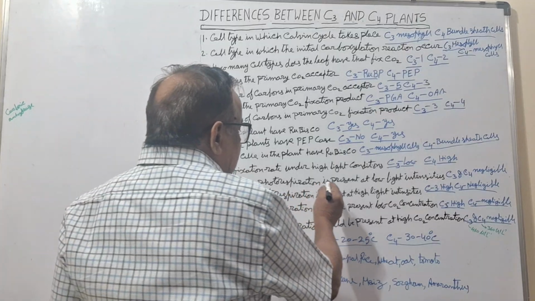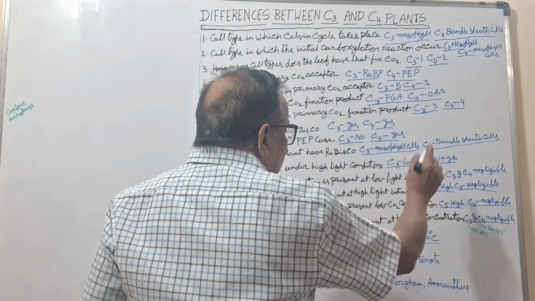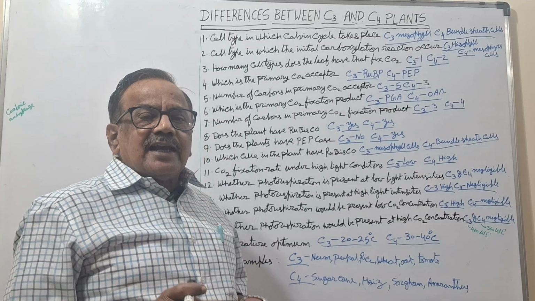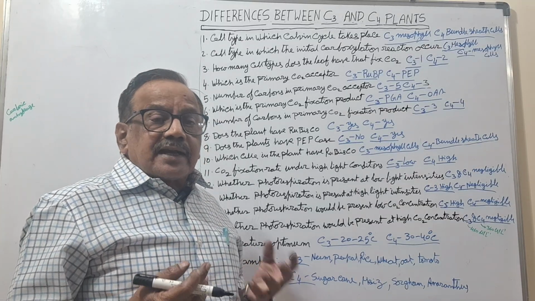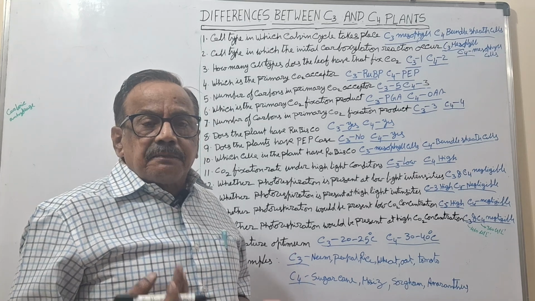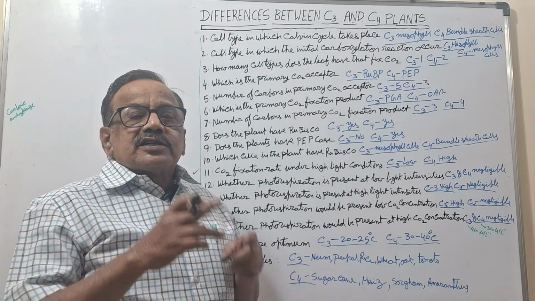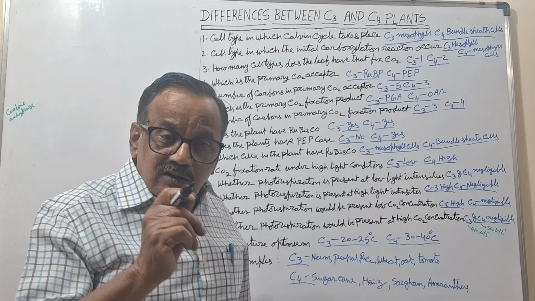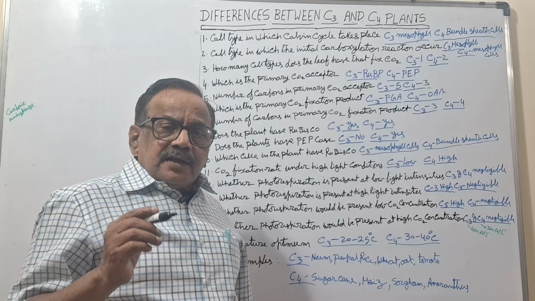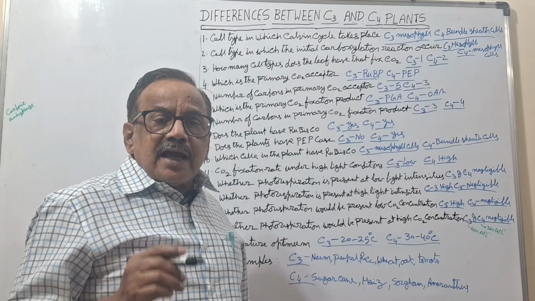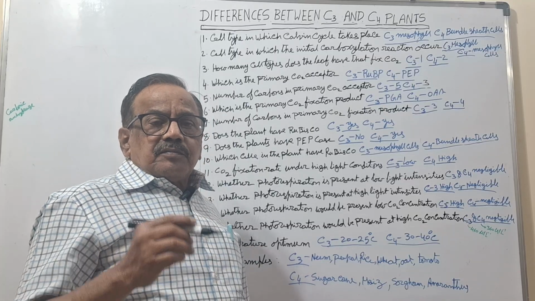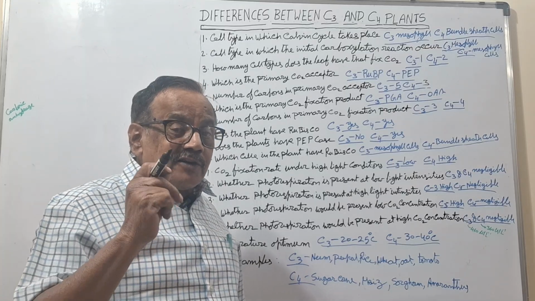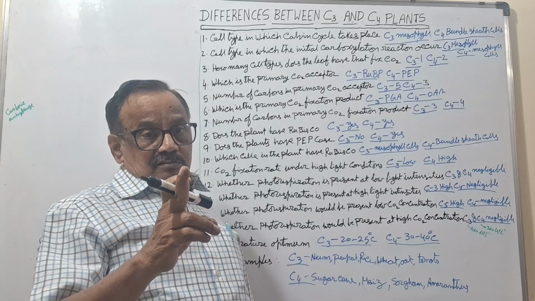Is photorespiration present at low light intensities, meaning low temperature? Only when the temperature is more will C3 plants reduce their productivity. If the temperature is low, there is none. One more thing to remember: C3 plants have a saturation point of 460 microliters, as given in the factors affecting photosynthesis.